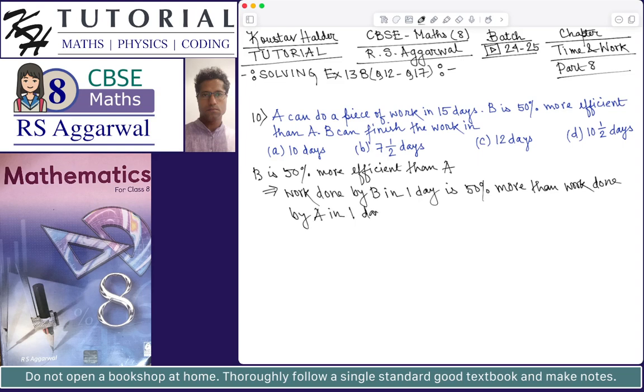I hope this time I will come up with the right solution. The correct solution is 10 days. I hope this is the most appropriate interpretation of the fact that B is 50% more efficient than A.